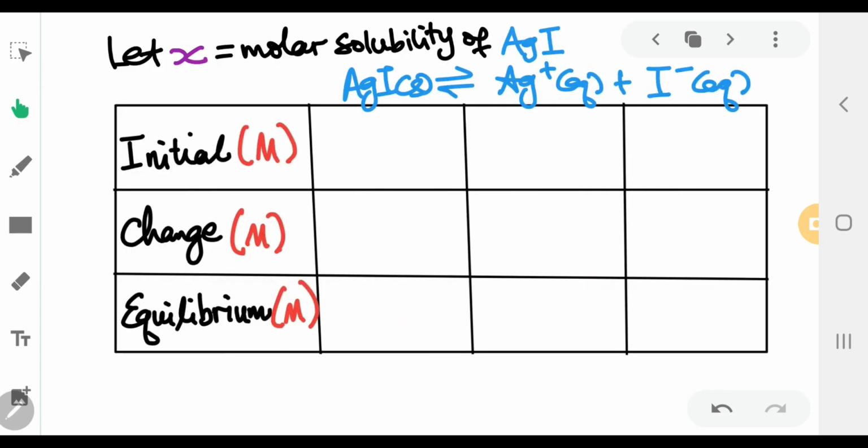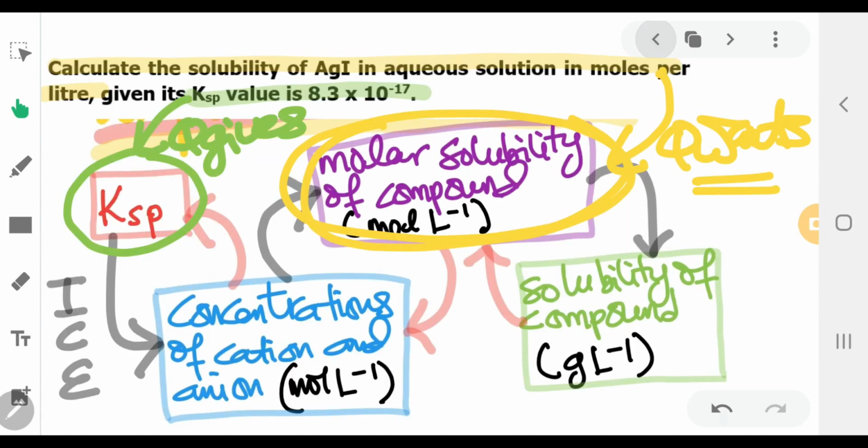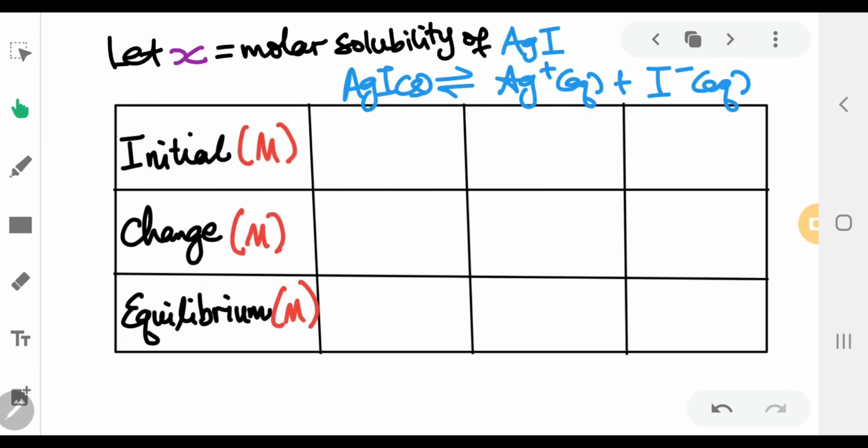So we're going to go towards the ICE table because the question gives you the KSP value, and we use that to find the concentration of cation. So that's why we're going to start with the ICE. Here we have the ICE. Don't forget to write the balanced equilibrium equation on top for AgI solid, and don't forget the phases. Without the phases, you wouldn't be able to get your 1 mark.